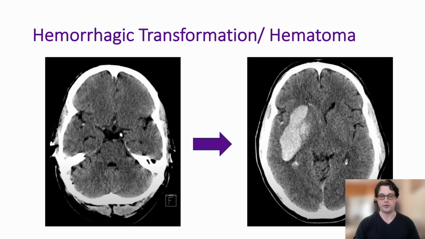So within those 4 hours, here's an image of a stroke which occurred right here. And I believe this is within the region of the MCA. Within a couple of hours, let's say 4 hours to a day, there could be a hemorrhagic transformation. Now, once again, the skull is an enclosed structure, so therefore there's going to be edema and also increased pressure that's going to be climbing out of this region.